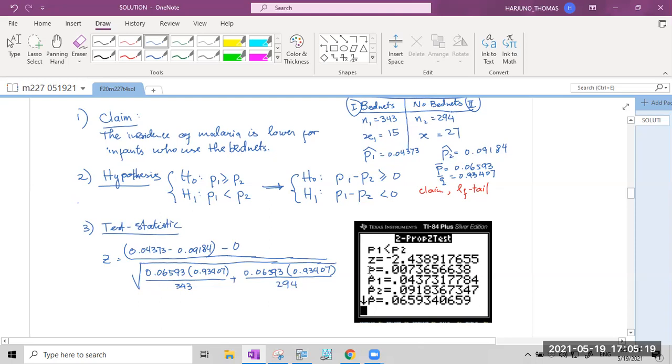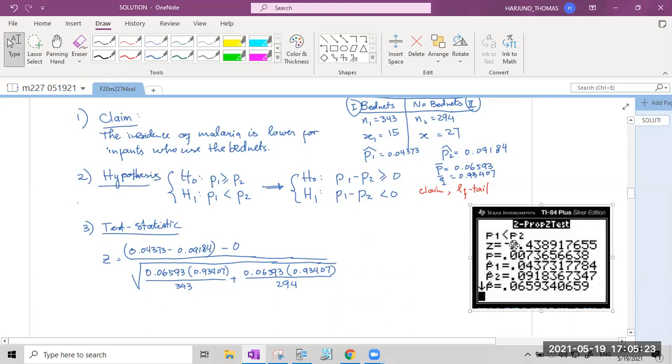And according to our calculator, the z-score is, see, that's the good thing about you knowing how to use the calculator, right? This is equal to negative 2.43892.